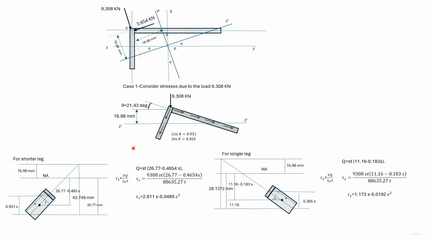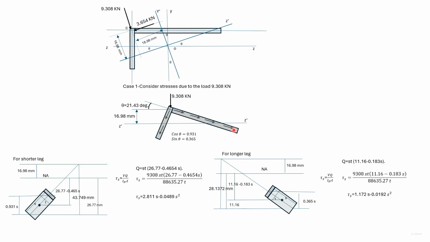Q is equal to area into the centroidal distance, so the area is ST and this is the centroidal distance. Tau S is VQ by IT. V here is this load and I is I z dash, which we obtained earlier. Hence tau S is given by this expression.